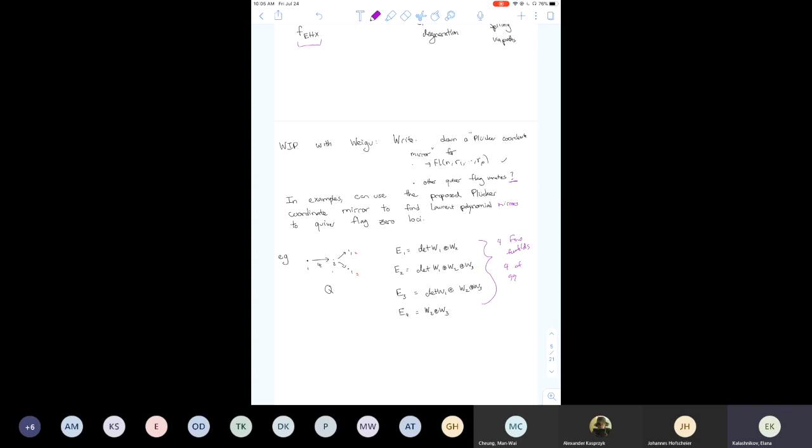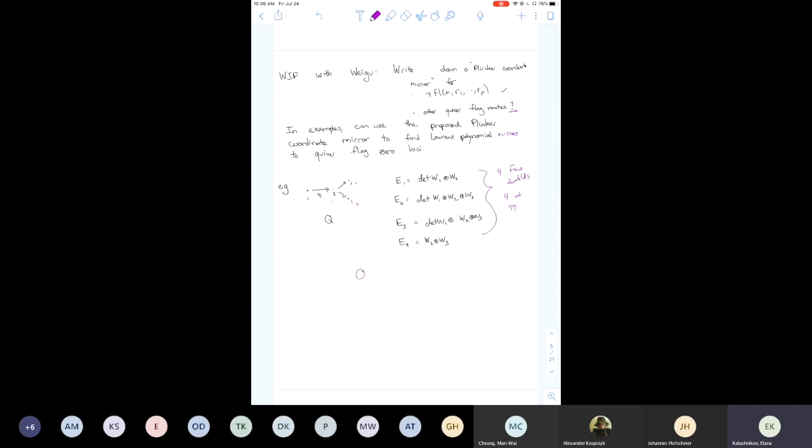And then what we're able to check is that if you start with this quiver flag variety and one of these vector bundles, you can use either the Gelfand-Tsetlin degeneration to find a Laurent polynomial like this, or you can use the Plücker coordinate mirror and specialize it until you find another Laurent polynomial.